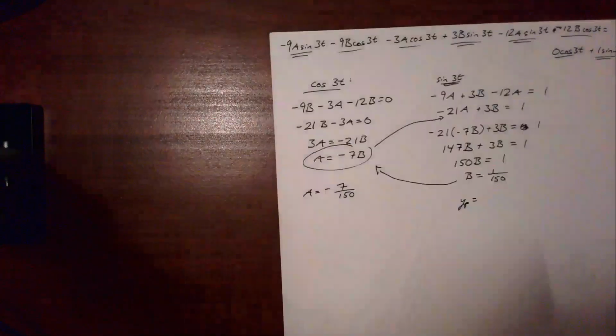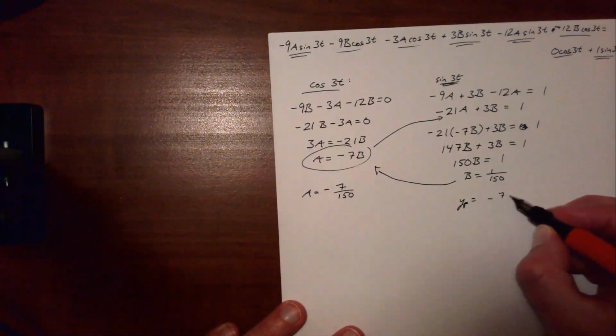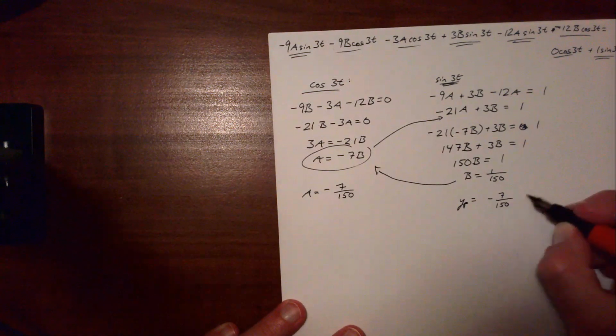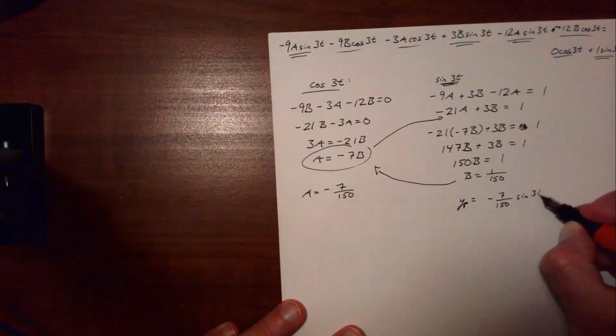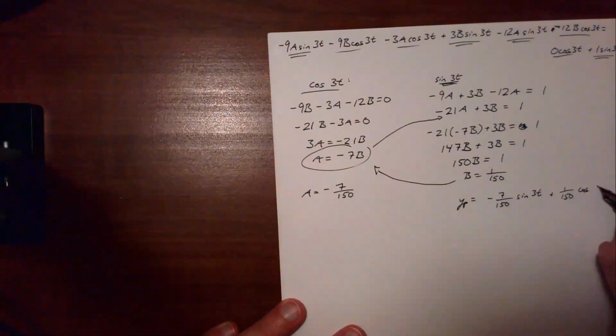You look back at this and you see a was on the sine, and so you respect that. So you say negative 7 over 150 sine 3t plus 1 over 150 cosine of 3t.